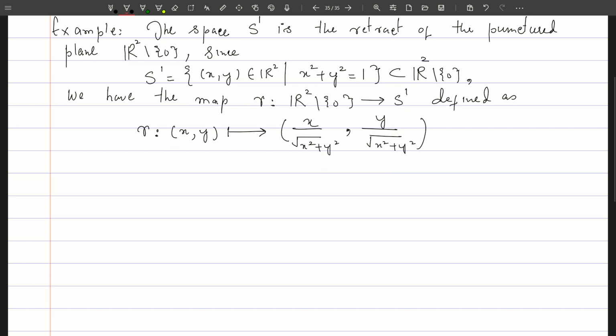So one can note that the length of the vector given by this point is 1.